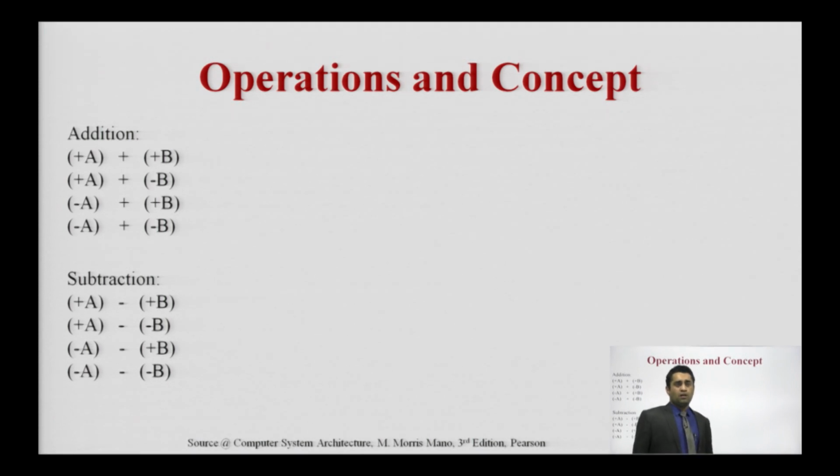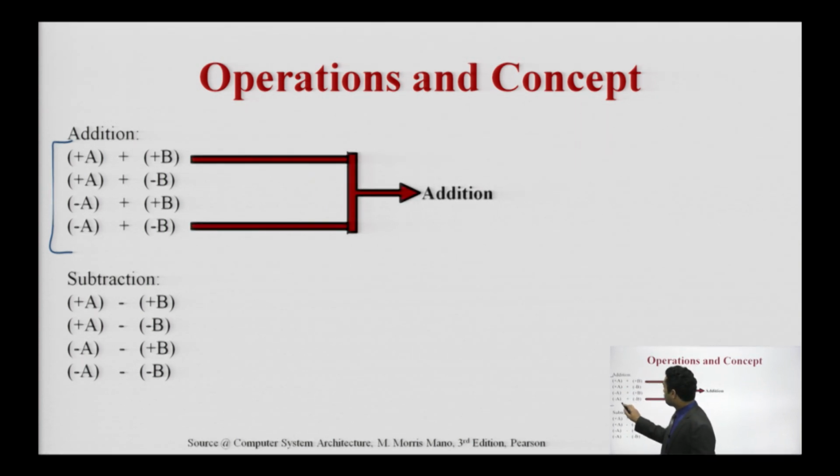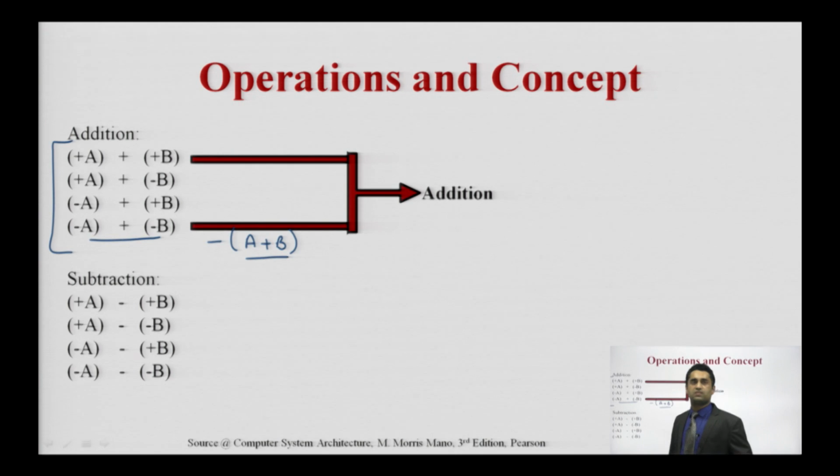See this, we are talking about the arithmetic operations like addition and subtraction, because multiplication and division are derived from the same ones. If I am only focusing on the addition part, this is the addition, and this is also treated as the addition, where we are taking a common minus sign like this. So basically we are performing addition and taking these signs separately.